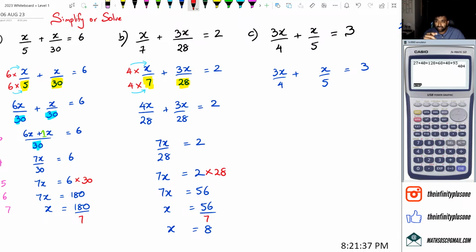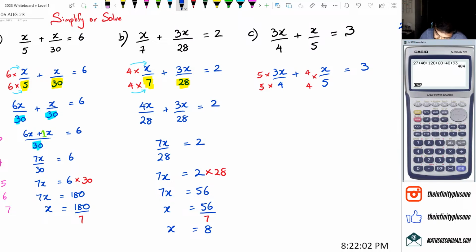So that means I've got to convert the 4 into a 20, and I've also got to convert the 5 into a 20. If I want to convert the 4 into a 20, I need to multiply by 5, which means I'm multiplying the numerator by 5 as well. As for the other fraction, I've got to multiply by 4 and 4 for the numerator.